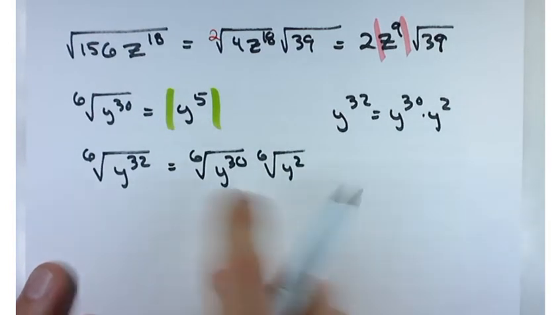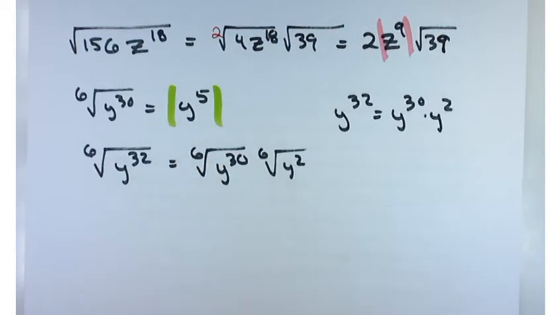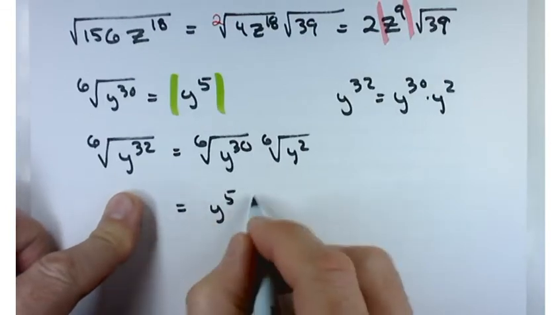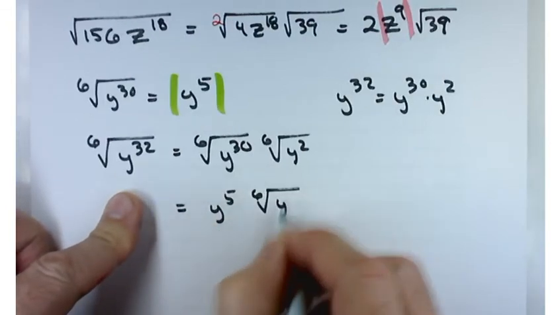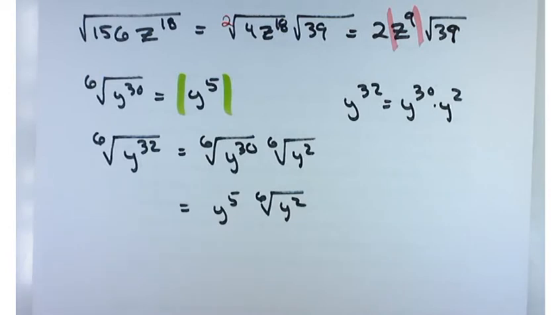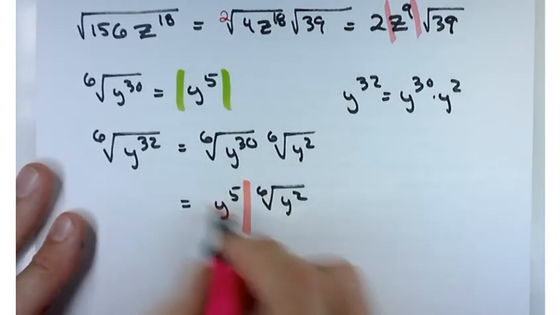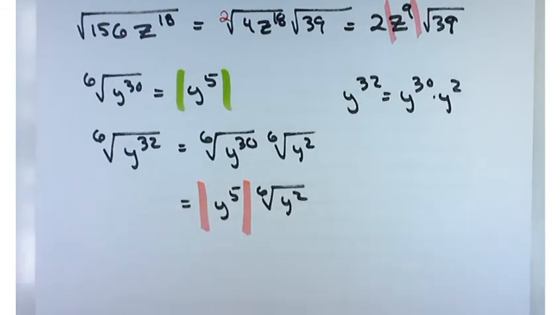Well, at least I can do something with that radical out in front now. That's going to become y to the 5th, y squared. And let's not get this one wrong. What else do I need? Absolute value. Sorry to do that to you, but they're going to expect that.